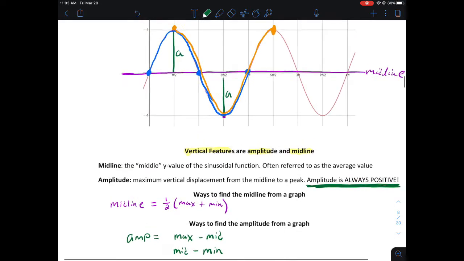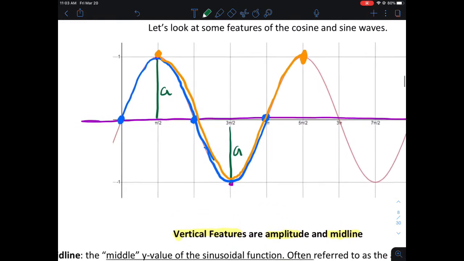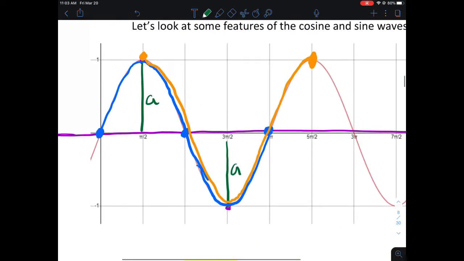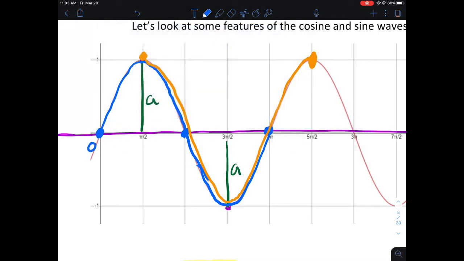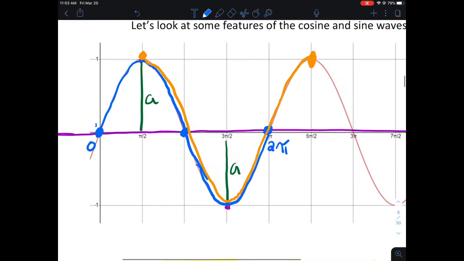Let me come up here back to our original graph of a sine wave. One full period we have here in blue. That goes from 0 radians to 2 pi radians. 3 consecutive midlines made a full period. So this is one full period here.